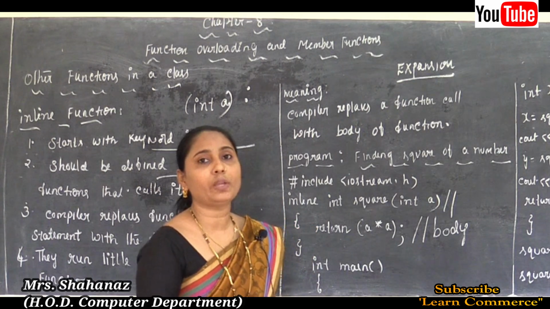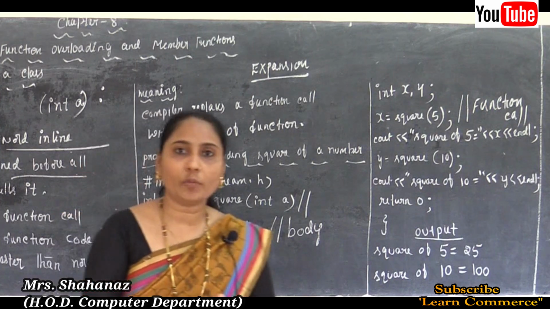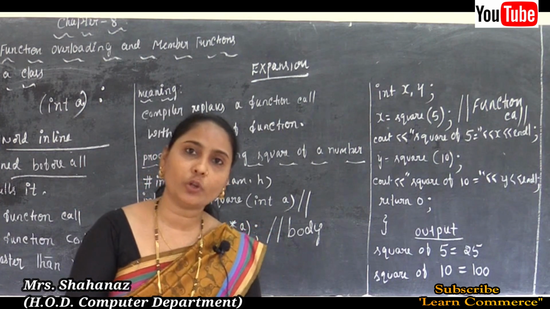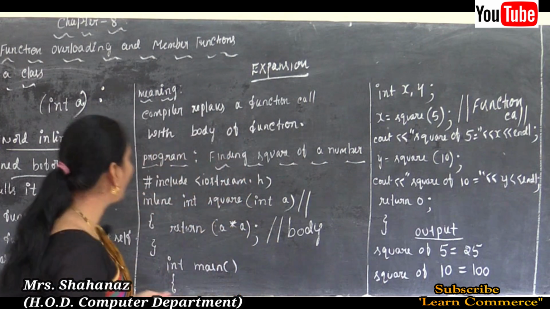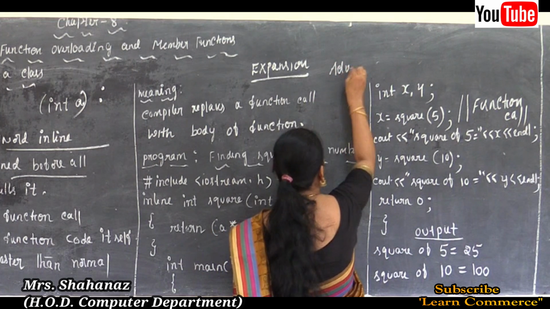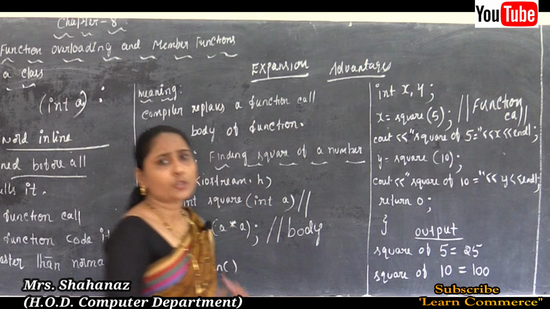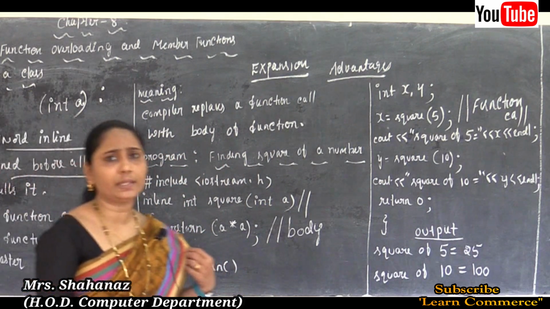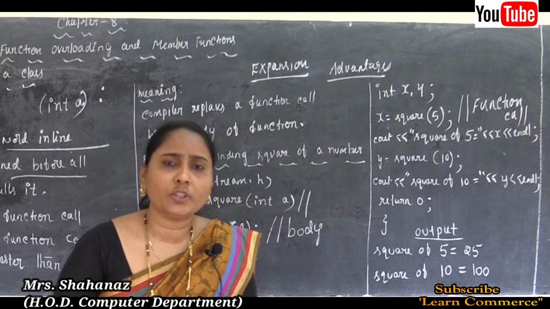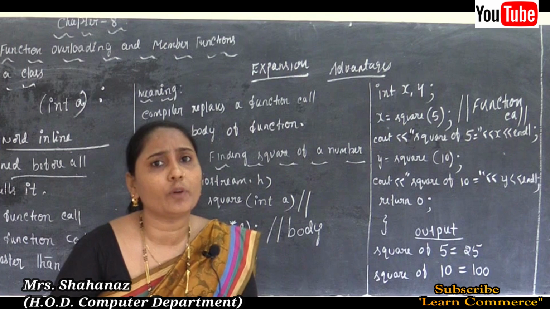Now let's see some of the advantages. Whatever I completed in the meaning of the inline function, the problems and notes of the inline function, the same thing applies to the advantages of the inline function. So what are the advantages of the inline function? The first advantage we can say is that the inline function definition, or the inline member function in this case, gives a compact function call.